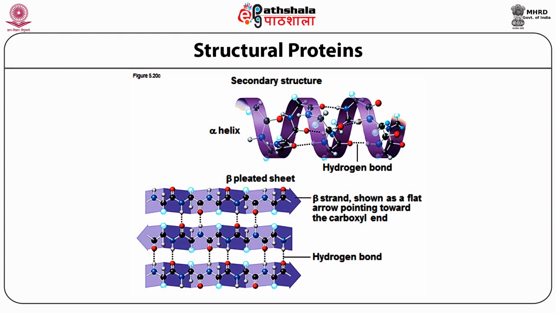One is the alpha helix, the helical, coiled structure of amino acids because of hydrogen bonding. In beta pleated sheets, layers of helical strands combine together to give a sheet-like structure, known as beta pleated sheets, which is also based on hydrogen bonding between two layers of protein.